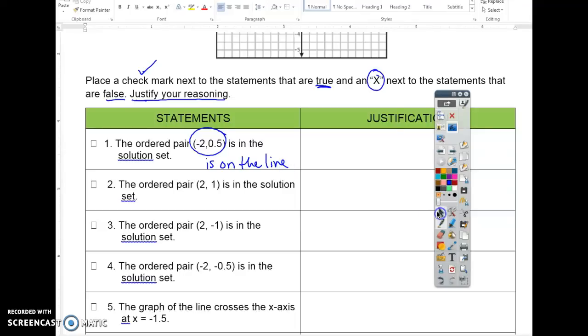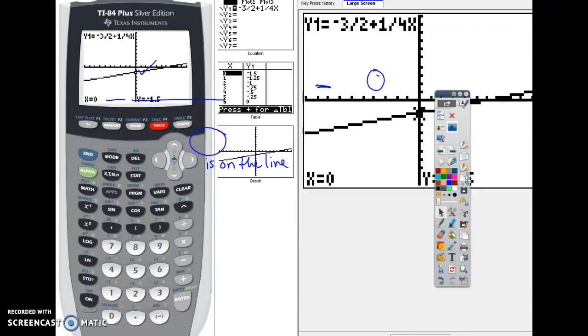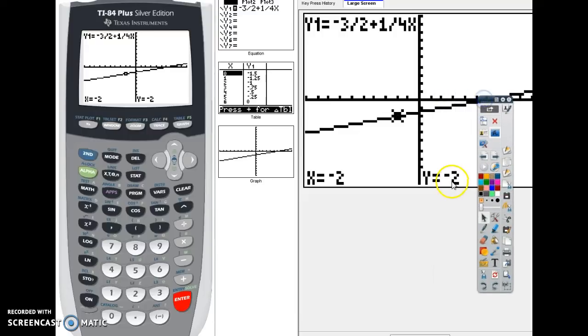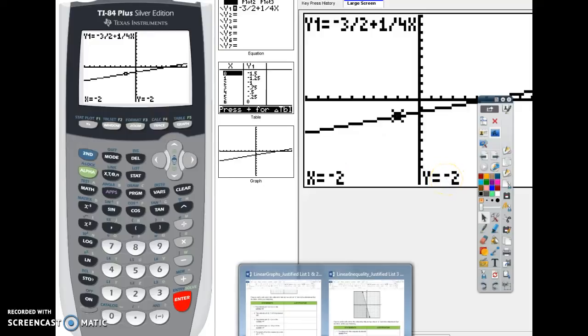So we're going to go to trace. We're going to type in negative 2, enter, and see if it gives us 0.5. Negative 2, enter. Did it give me 0.5? No. Negative 2 gave me negative 2, so that is false.